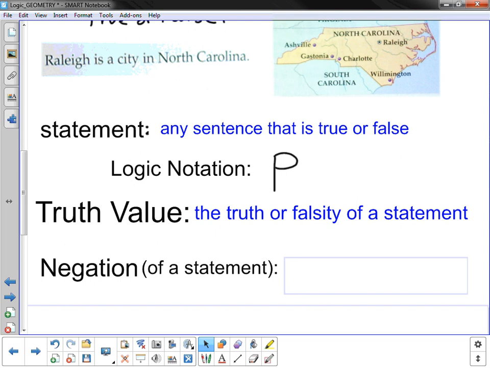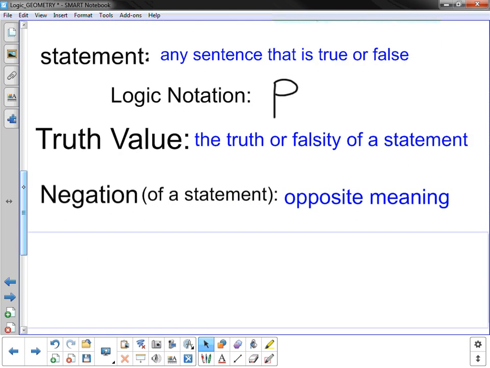Now the next one is a negation of a statement. The negation of a statement is when you come up with the exact opposite meaning. So the negation of "Raleigh is a city in North Carolina" would be "Raleigh is not a city in North Carolina." Now typically our notation for a not is a little squiggly sign, and then you have your logic notation.